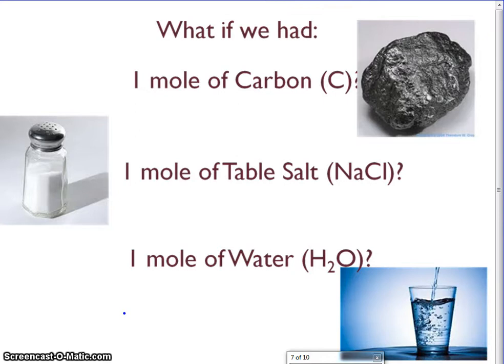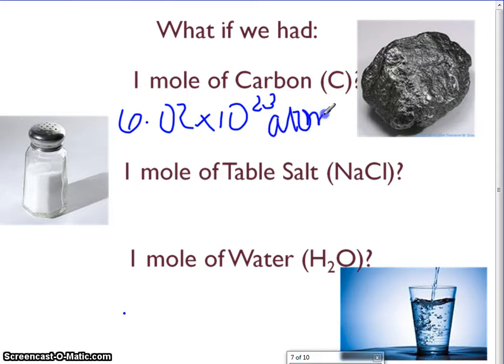For example, if we had 1 mole of carbon, we would have 6.02 times 10 to the 23rd. And since carbon is an element by itself, we would say atoms of carbon.